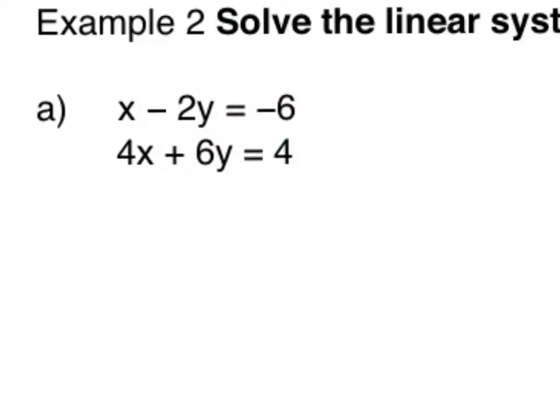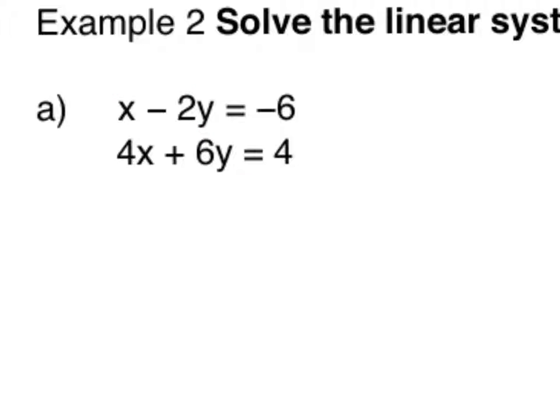This is the part where we actually have to pay attention to our steps from the previous page right here. It says to look for a leading coefficient that is 1 or negative 1. So we look for coefficients. My coefficients here are 1, negative 2, 4, and 6. So obviously I want that x to be the one that we isolate. That's the one that's going to be by itself.